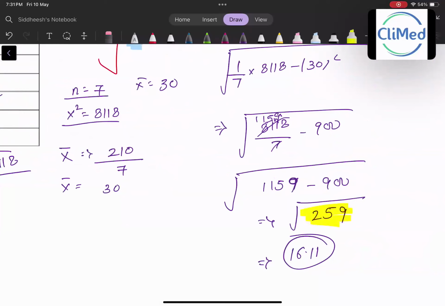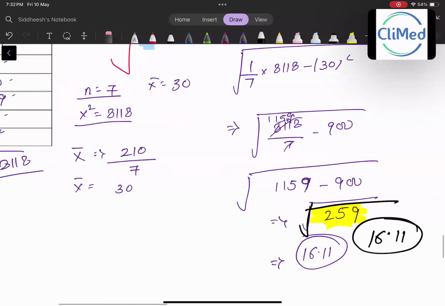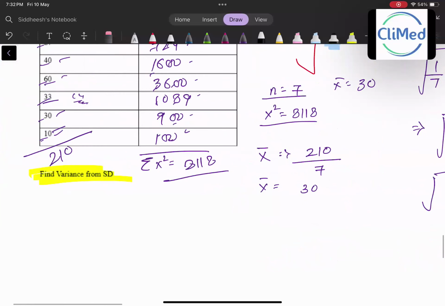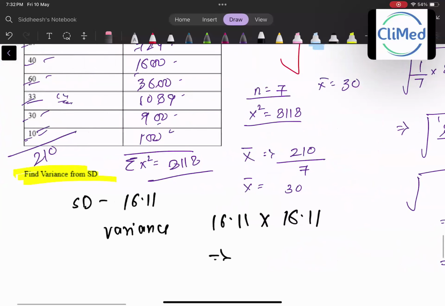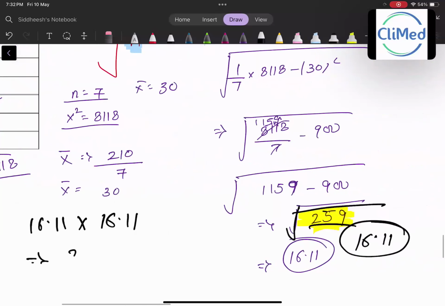If you put the square root, you get 16.11, which is your standard deviation. So if someone asks that your SD is 16.11, find the variance. Nothing to do: 16.11 into 16.11, you will get the same number, 259. You can try also. This is the variance.